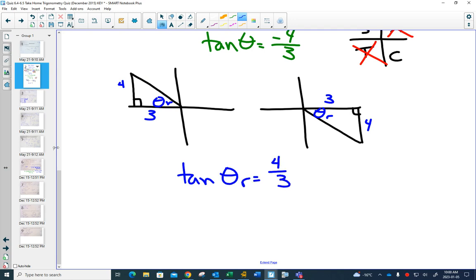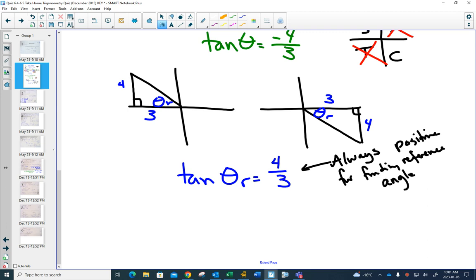So I chose this example on purpose because when you're finding your reference angle, you always have the ratio positive.